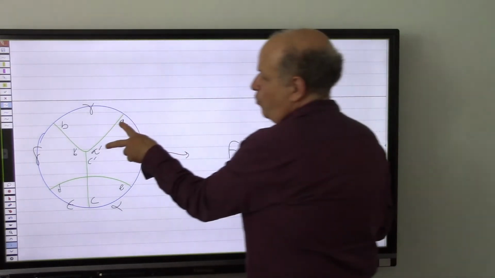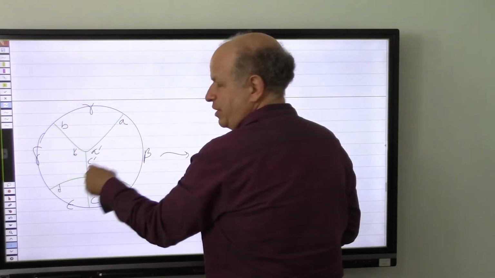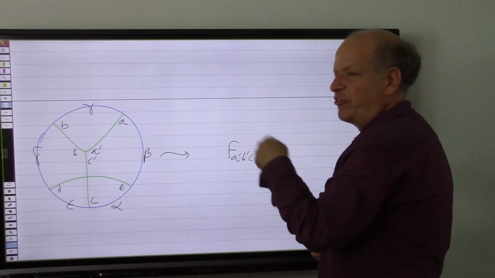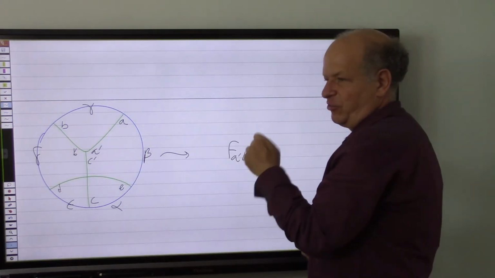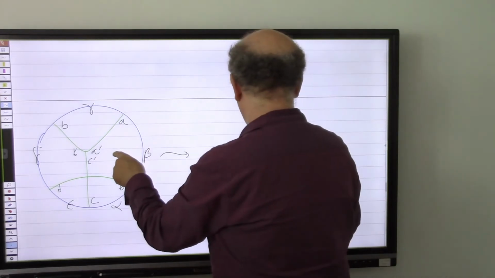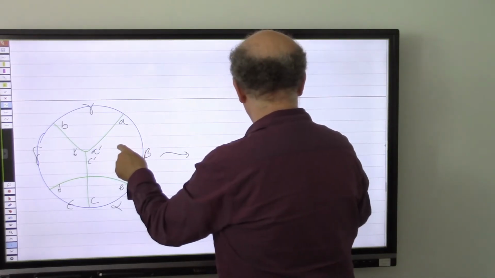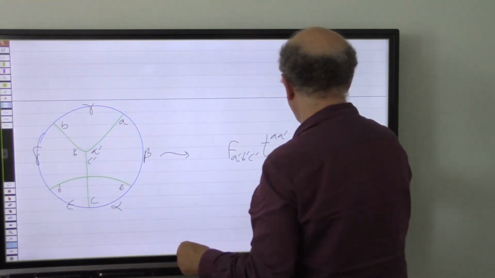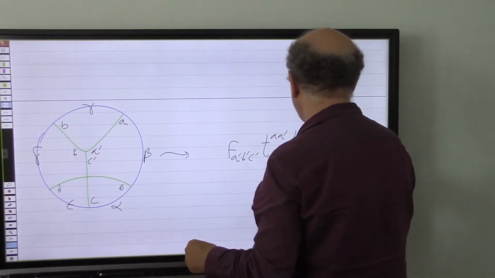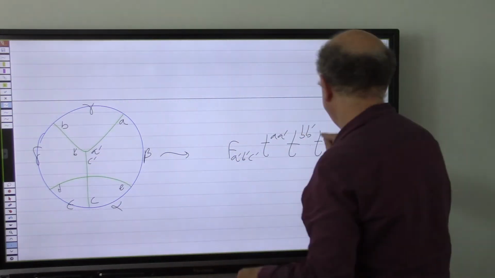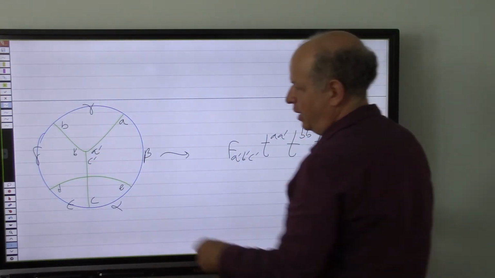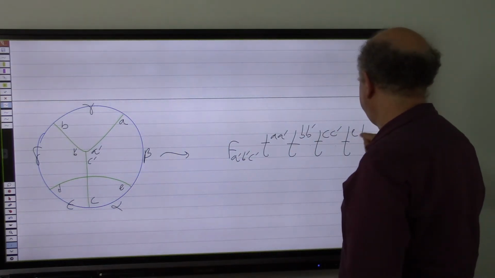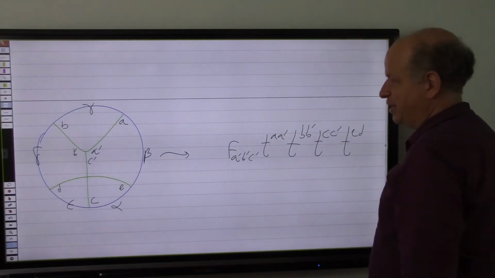Now, around each edge there are 2 letters, so I'll use the inverse metric for these 2 letters. So T A prime, T B prime, B prime, T C prime, and finally T E D.